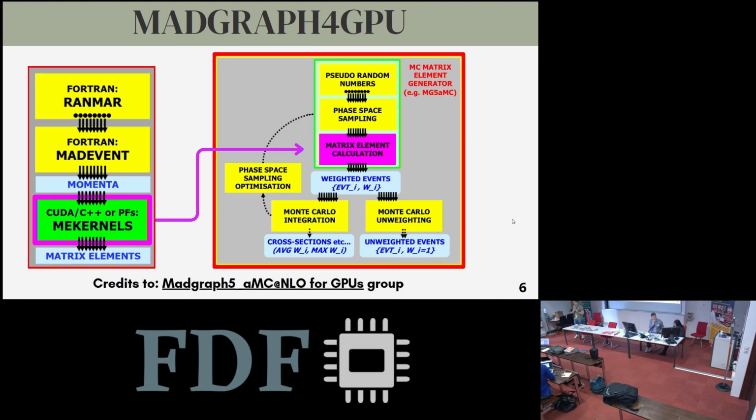So if my bottleneck is the matrix element calculation, the MADGRAPH GPU group thought, okay, I will port this part and obtain some results. The algorithm is the same. You generate the random numbers, calculate the kinematics, obtain the momenta, and obtain the matrix element calculation.